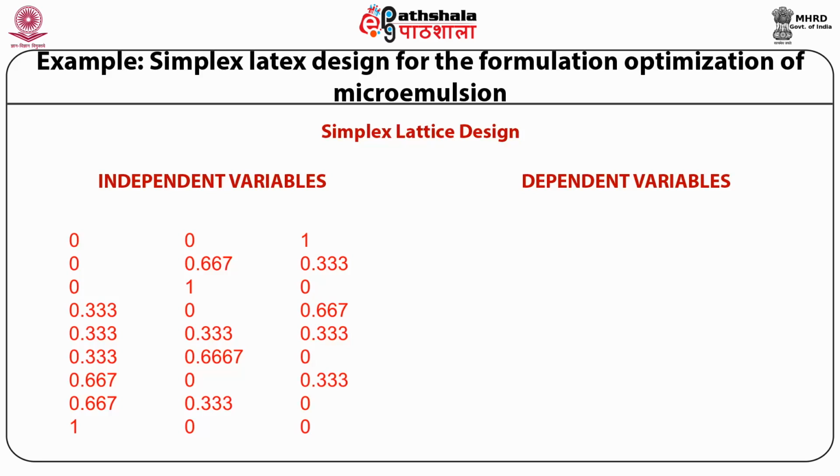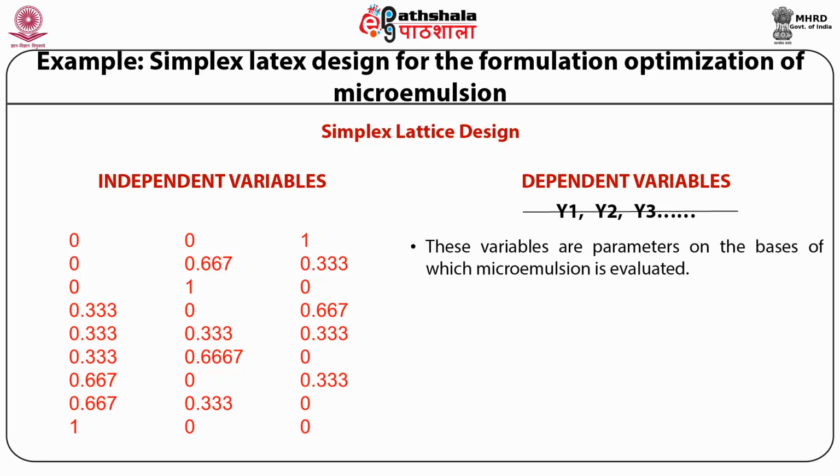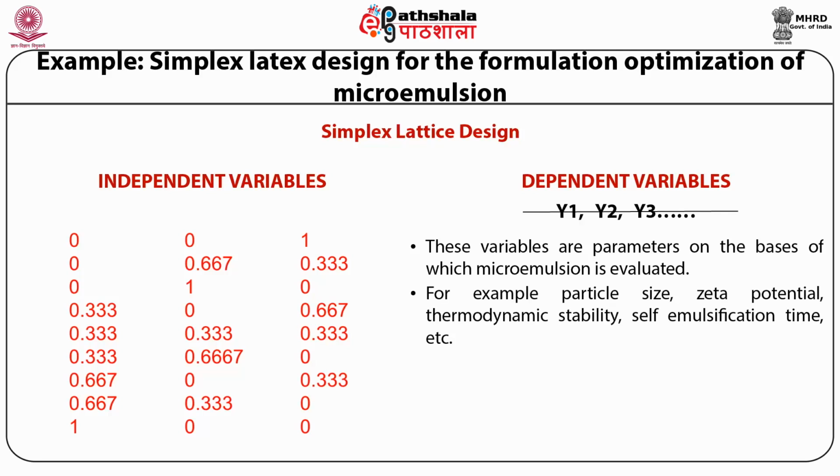In case of dependent variables, we can take them as y1, y2 and so on, and these independent and dependent variables are then equated. The dependent variables are, for example, particle size, zeta potential, thermodynamic stability, and self-emulsification time of a microemulsion.